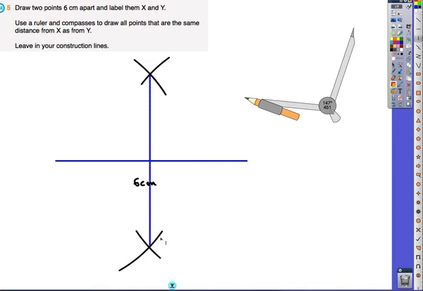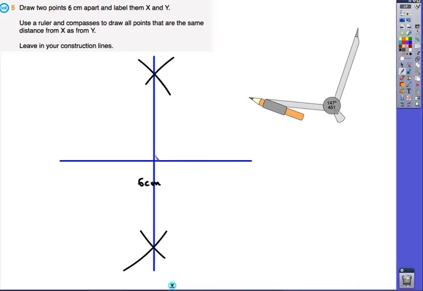Now, there's nothing wrong with that, but make sure you extend your line above and below the intersection. It's a nice way to show, hey, I know a line's infinite, and you can go across those lines. And make sure you draw your right angle or perpendicular line.